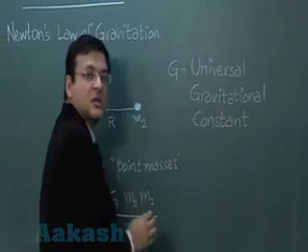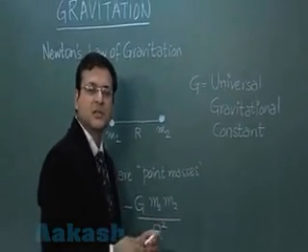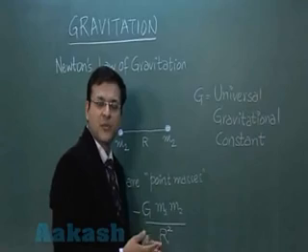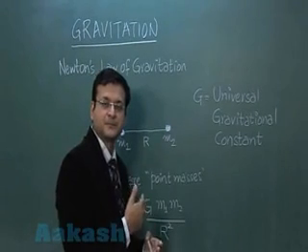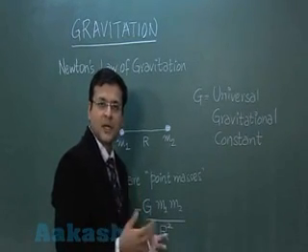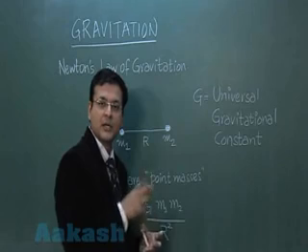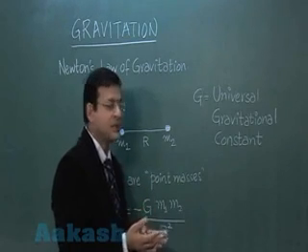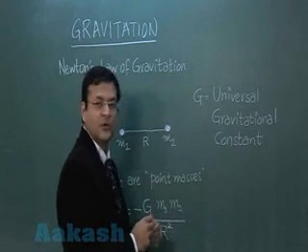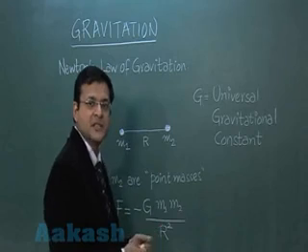What is the meaning of this universal? Universal means whatever may be the two masses, maybe you and me, maybe moon and earth, maybe sun and the earth, everywhere the value of this capital G will remain the same.